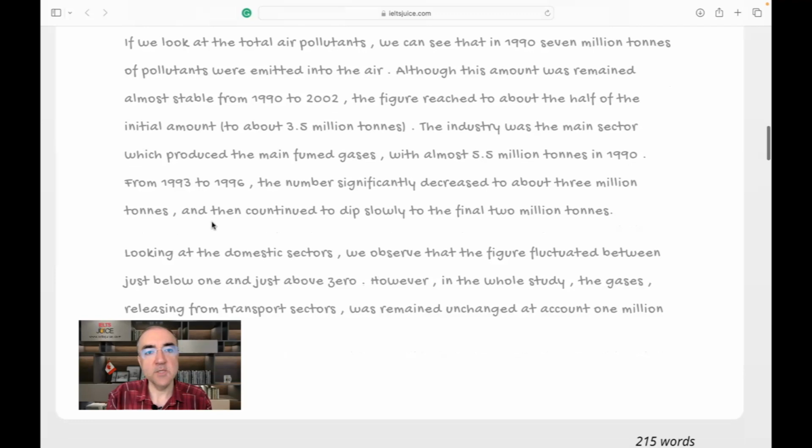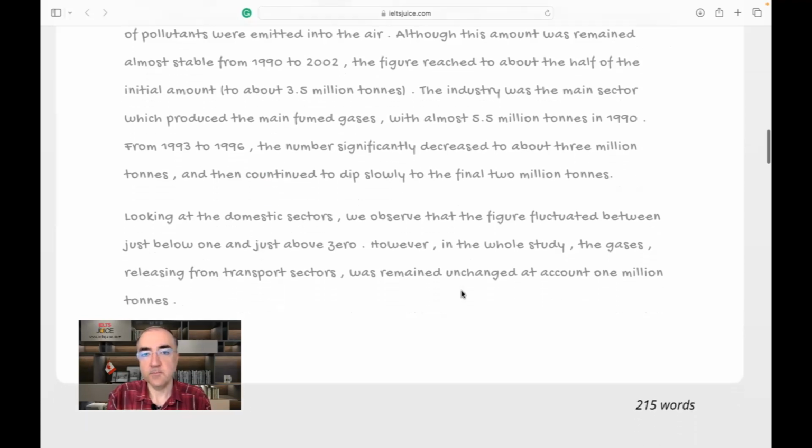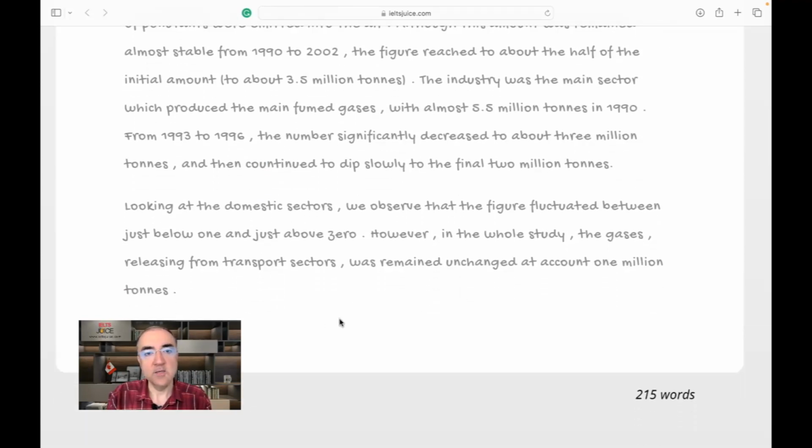From 1993 to 1996, comma, good, this is the subject, the numbers significantly decreased to about 3 million tons. And then continued, this is extra, continued to dip slowly to the final 2 million tons. Good. Looking at the domestic sectors, we observe that the figure fluctuated between just below 1 and just above 0.